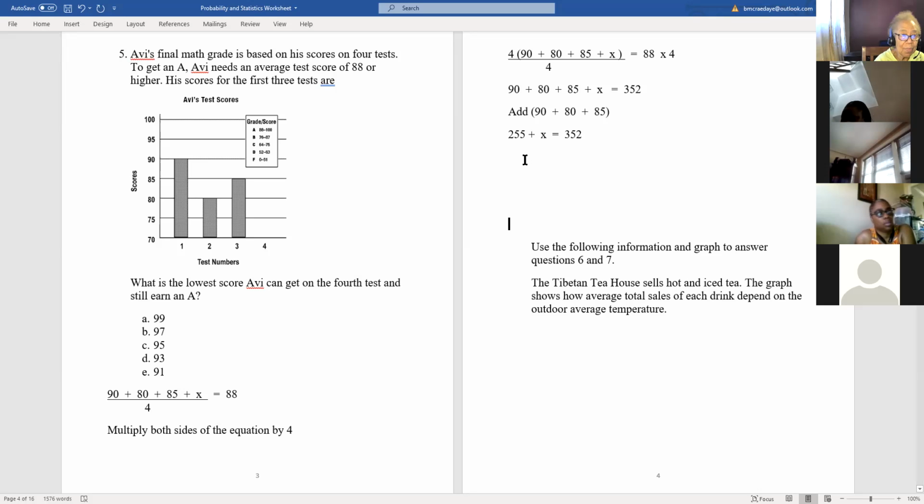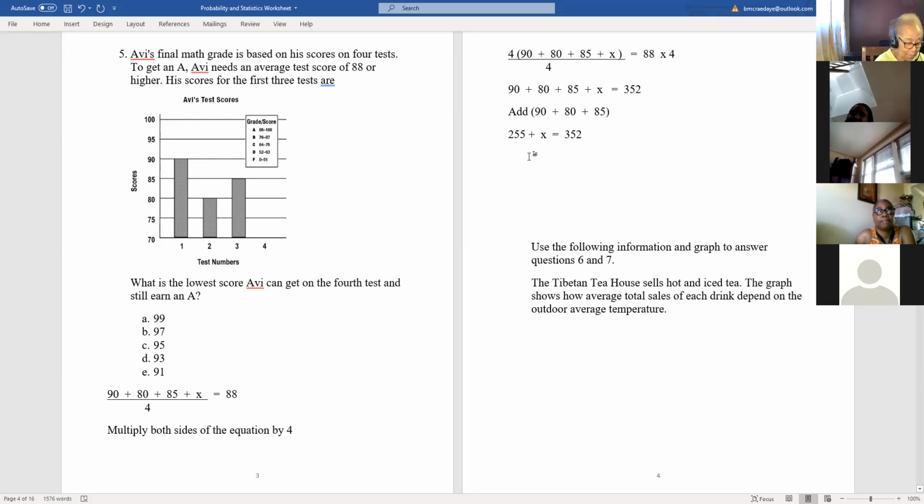What you do on one side, you do on the other side, because we have to solve for X. Okay, so what do I do? Why would you divide? Remember, whatever operation is connecting the X, you're going to do the opposite. That's an addition, so you find the difference.